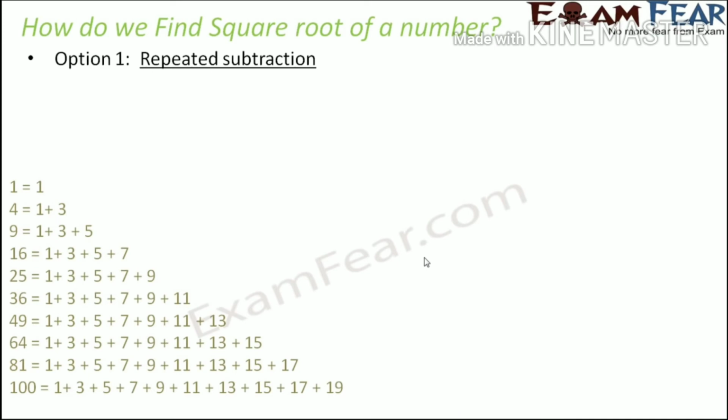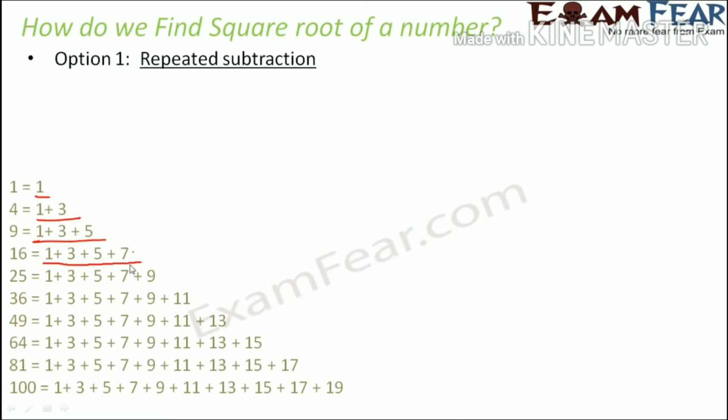Now if you remember, while we were learning about squares of numbers, we saw that to find square numbers, we added odd numbers. I think this list would help you recap. For all the perfect squares 1, 4, 9, 16, 25, 36 and so on, to find their values, we just kept on adding odd numbers, right?